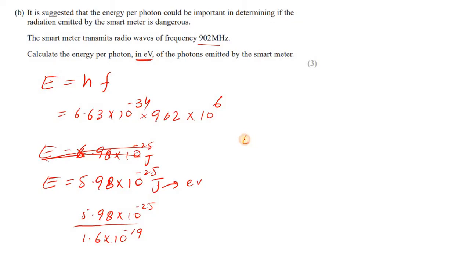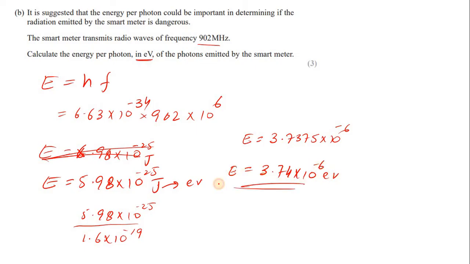So answer E will be equal to 3.7375 times 10 to the power minus 6, or you will round it off 3.74 into 10 to the power minus 6 electron volt. This is energy of that photon.